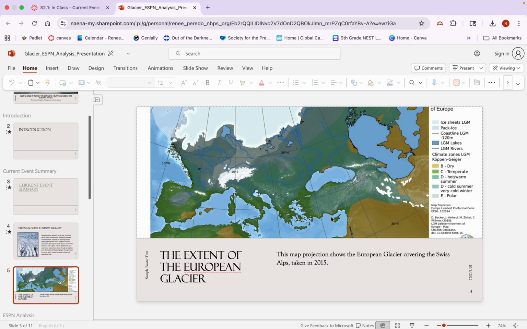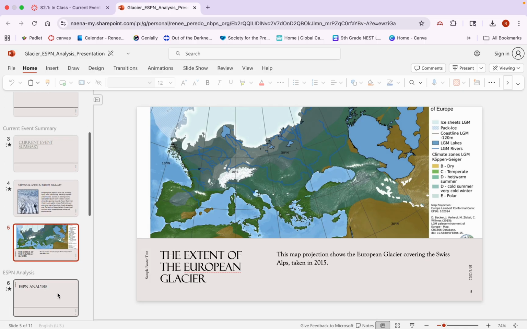I know it's a projection because of the lines, the Mercator lines that are here. I know that it is also a physical map kind of showing the ice that's covering the Swiss Alps that pertains to the issue here. So you should have a few sentences under your map showing that you understand why you picked the map and how it applies. Okay, so how it applies, what it is, and why is it important to your event, your research, your project.